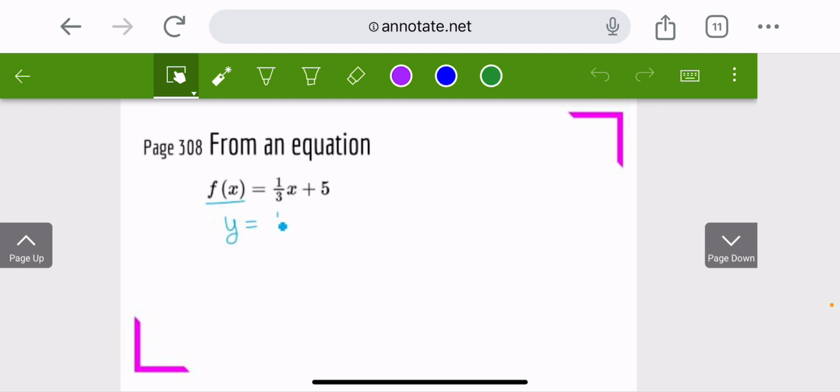Y equals 1/3 x plus 5. Our first step is going to be always to take it out of its function notation and put it back into the algebraic notation. Then we're going to take our x, take our y, and make them change places.